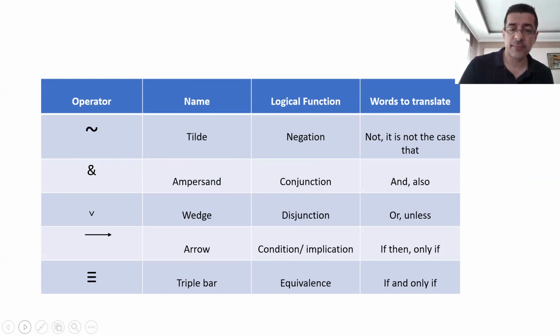Wedge was the logical function of disjunction. For conditional, we use an arrow, and for equivalence, triple bar, although I didn't discuss it. Now, on the next slide, we'll see how the truth table functions with each of these logical functions.